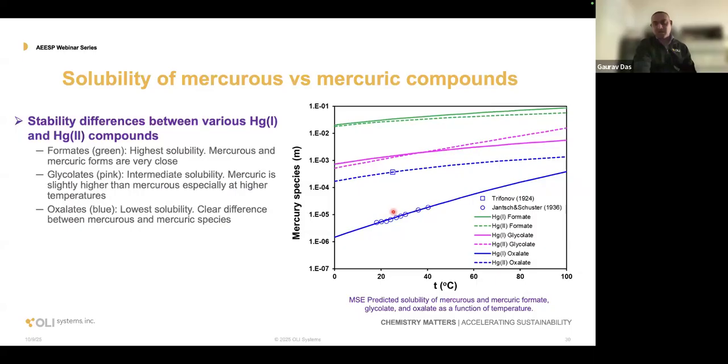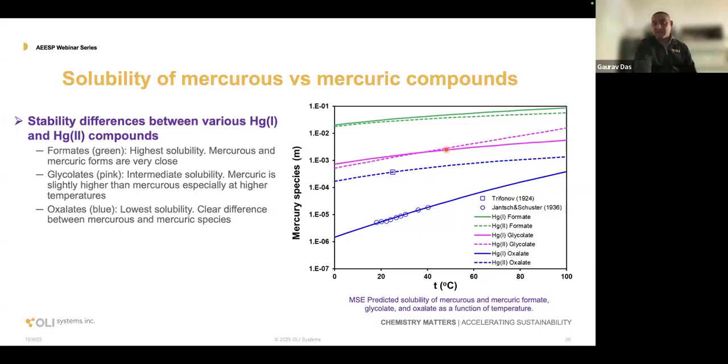For example, glycolate, the temperature trend actually shifts. At lower temperature, mercuric glycolate has the lower solubility, the most stable species, precipitating as solid phase.